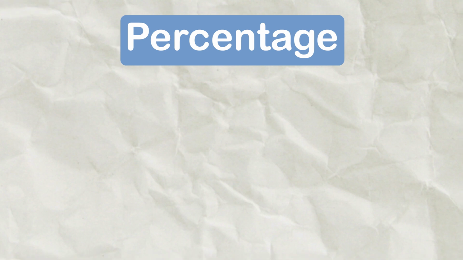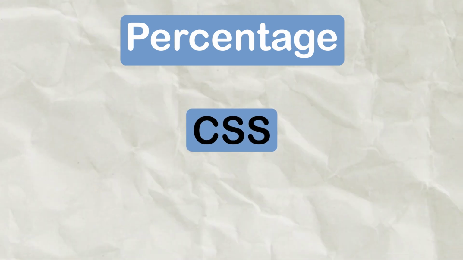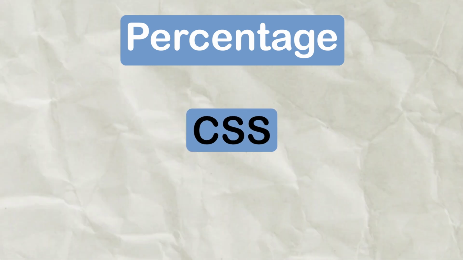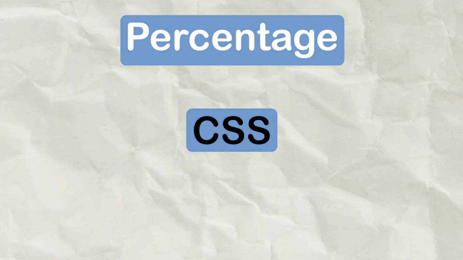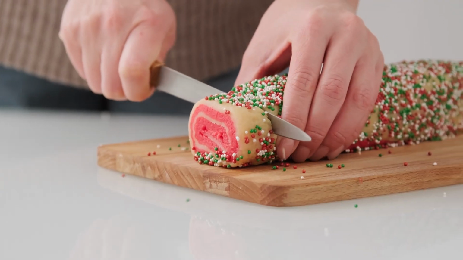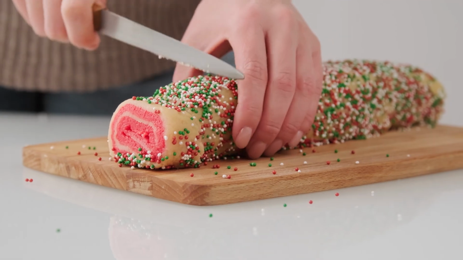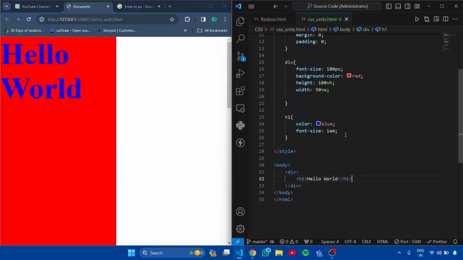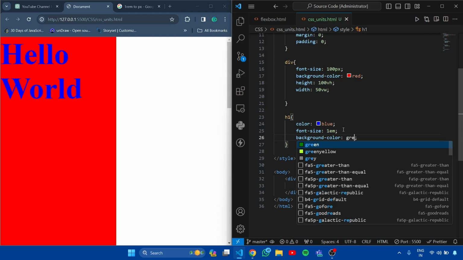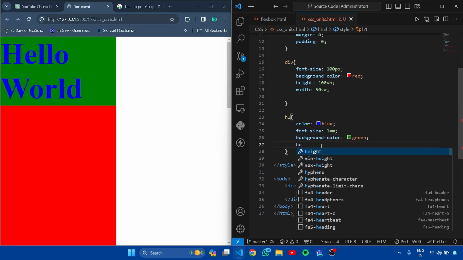Now it's time to see the percentage. When we use percentage in CSS, we are telling our elements to take a portion of their parent container. It's like slicing the cake and everyone gets their fair share. So let's see this with an example. So I'm giving a background color to our heading, green, and after that I'm adding the height property.